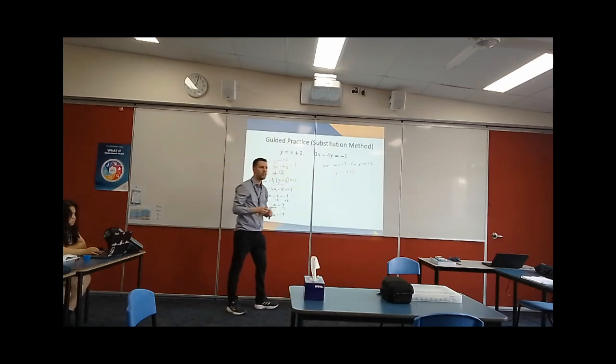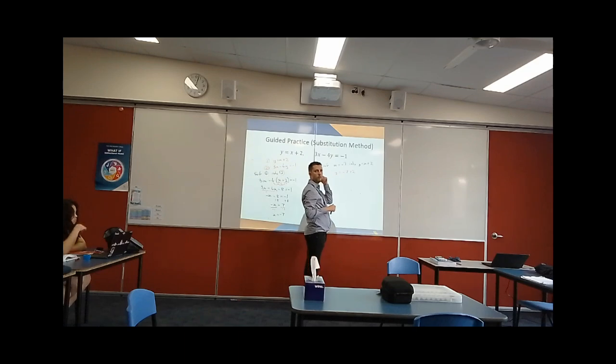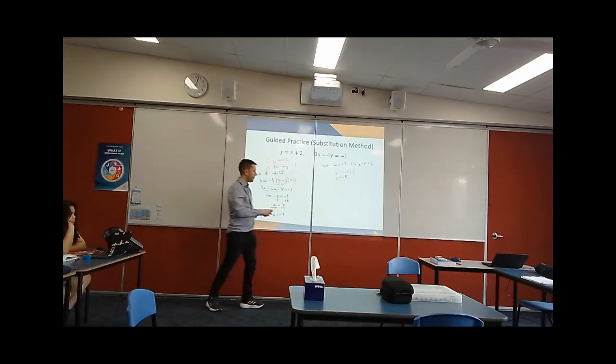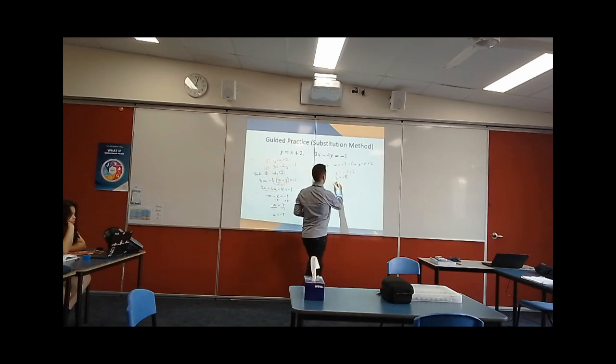Negative 7 plus 2 is? Negative 5. Y equals negative 5. Because it's asking for us to know the point that it intersects, I need to write it as brackets negative 7, comma, negative 5.